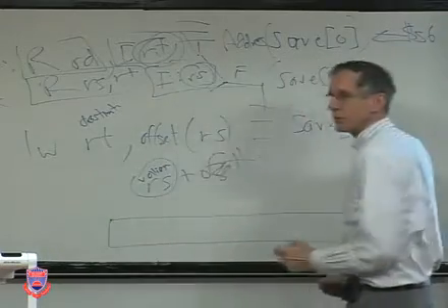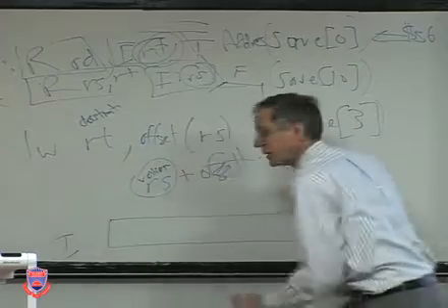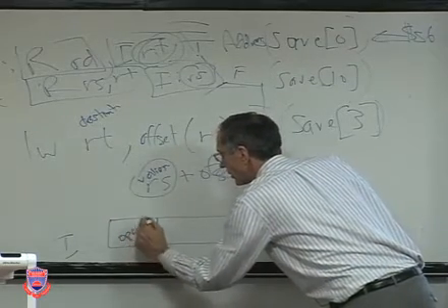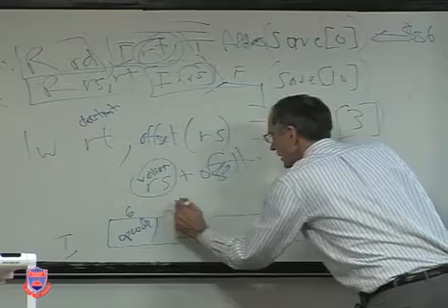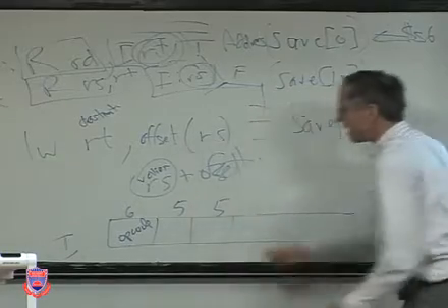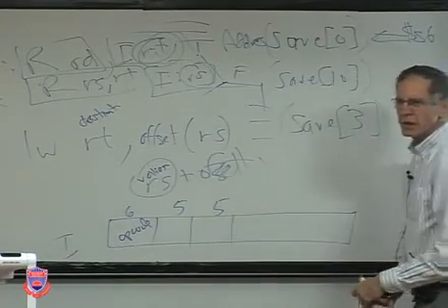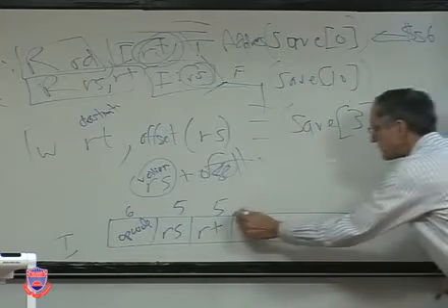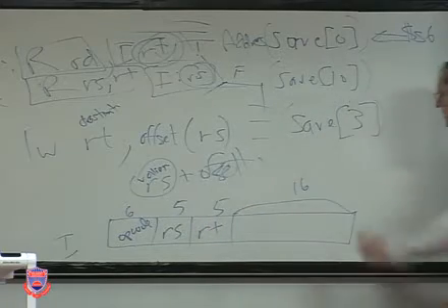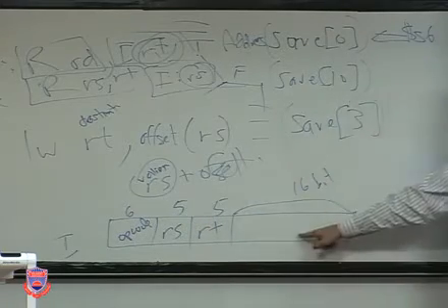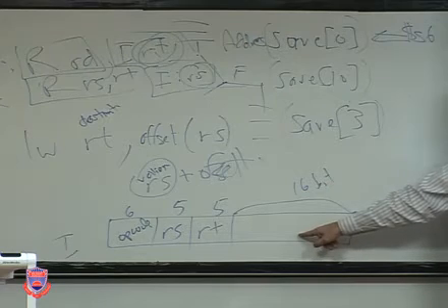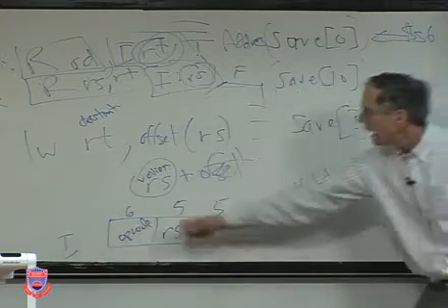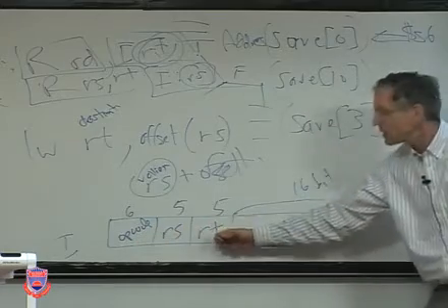Let's go to the format. I-type format. What do we have here? Opcode, 6 bits. Then two things that are 5 bits. What are those? RS, RT. Then something that's 16 bits. What goes here? We're discussing the I-type format: opcode 6 bits, RS 5 bits, RT 5 bits.